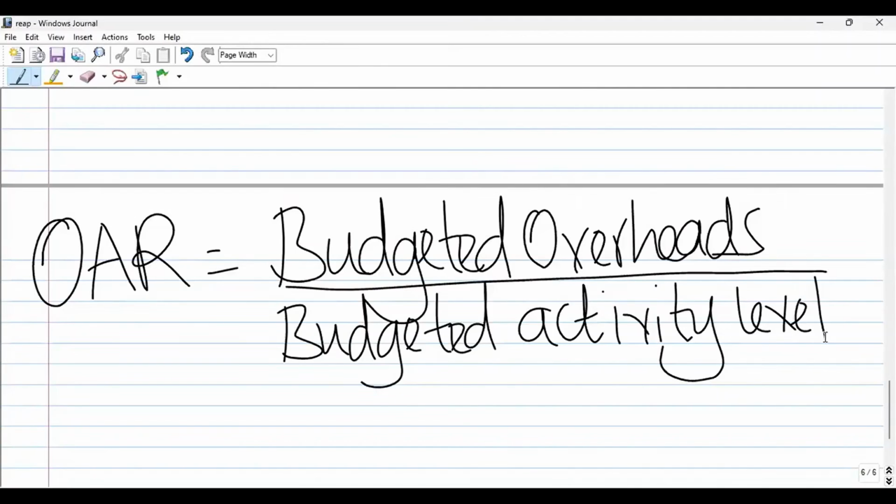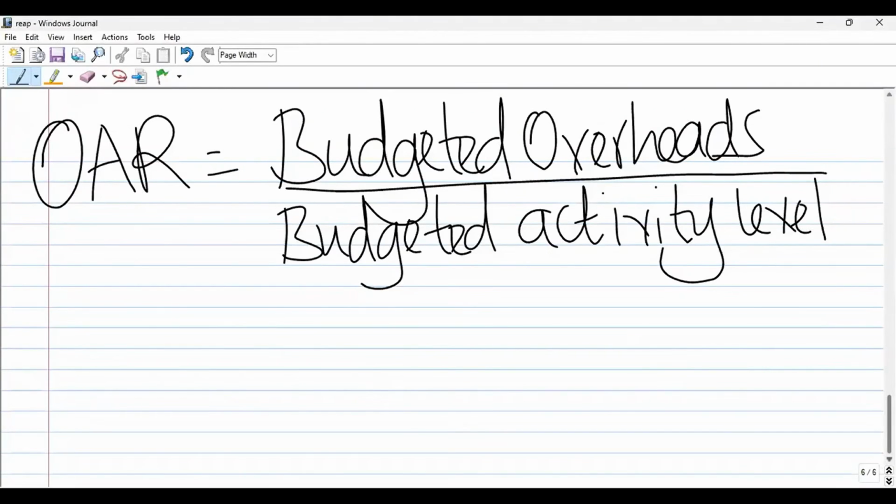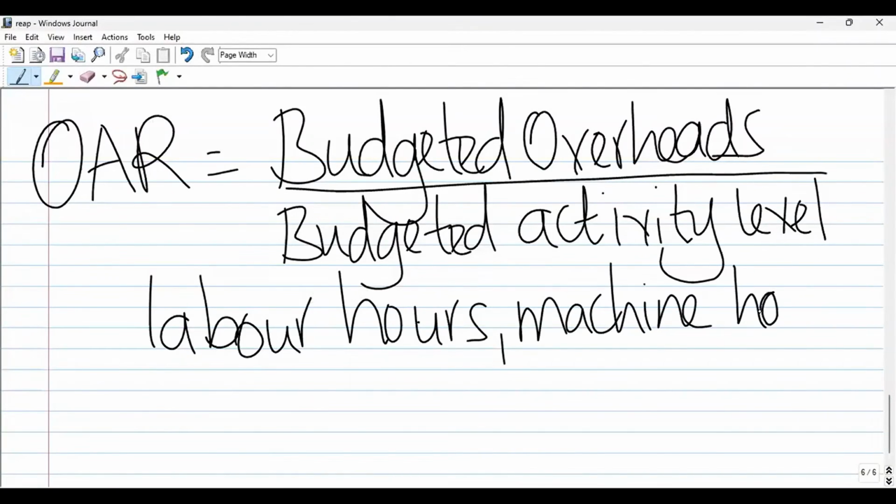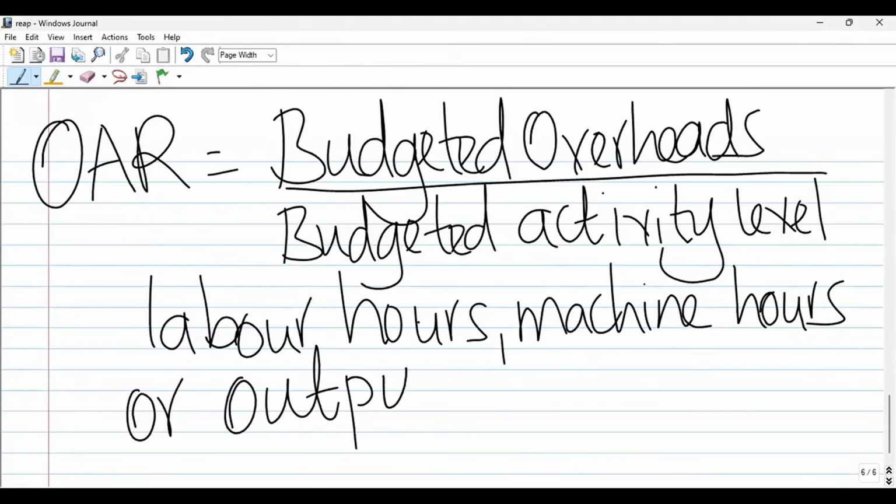In this case, the activity level is either labor hours, machine hours, or output, but mainly labor hours.